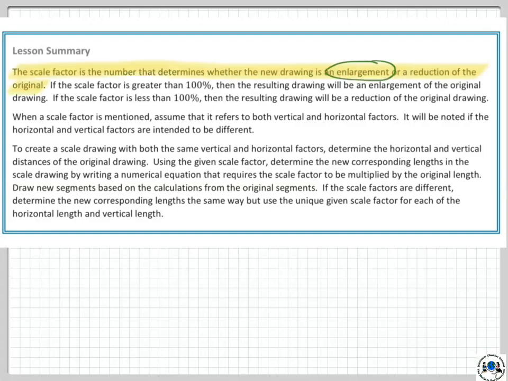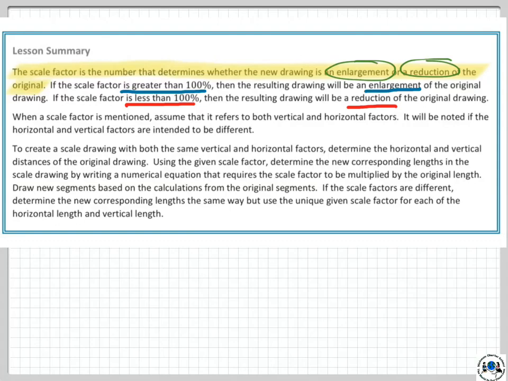Let's go through that. The scale factor, again, is the number that determines whether the new drawing is an enlargement or a reduction of the original. If the scale factor is greater than 100%, then the resulting drawing will be an enlargement of the original drawing.